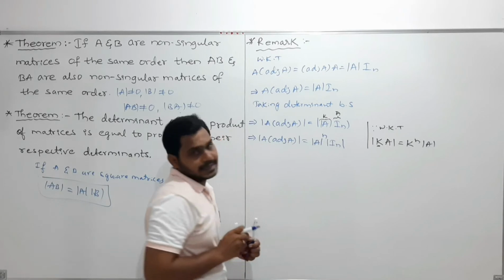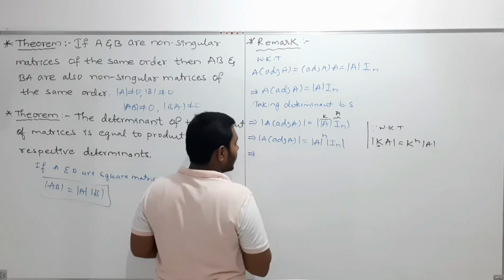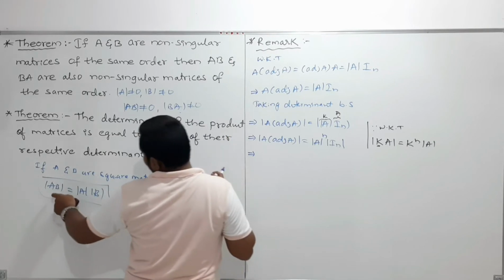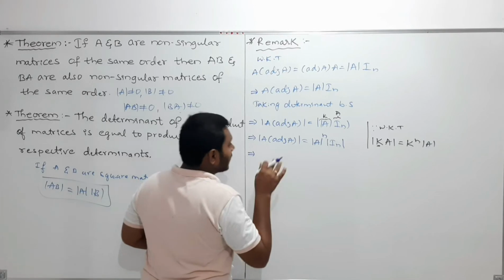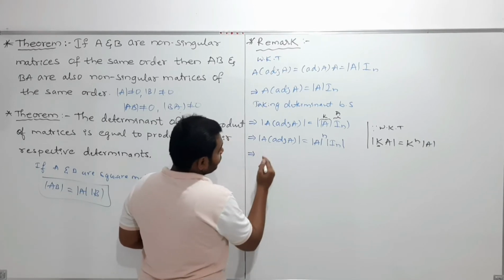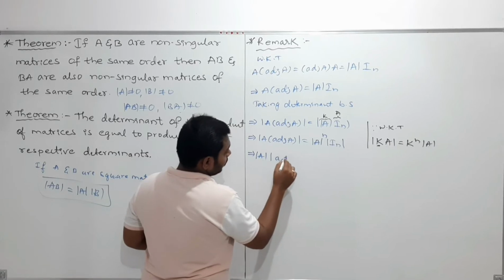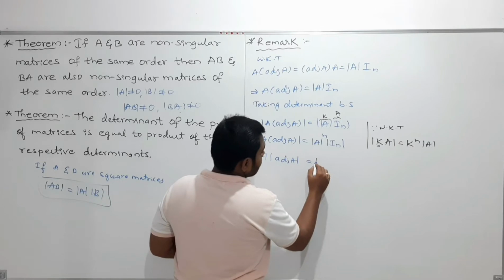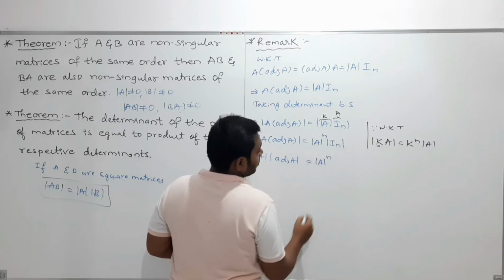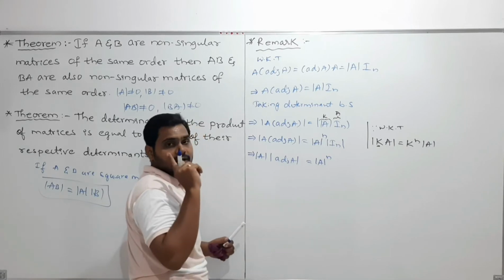This result I applied here. Clear? And now, my dear students, as I already told you, determinant of A into B can be written as determinant of A into determinant of B. Like that, determinant of A into adjoint of A can be written as determinant of A into determinant of adjoint of A. This is equal to determinant of A whole to the power n. And my dear students, determinant of IN value is 1.